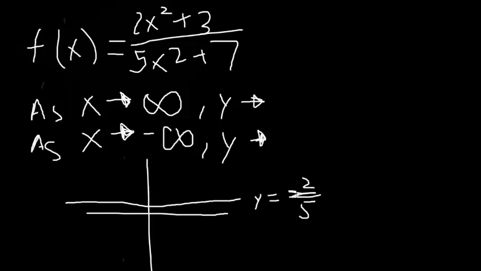So what is basically going on there is that the value the asymptote is at is just the coefficient of the greatest degree on the top over the coefficient of the greatest degree on the bottom.